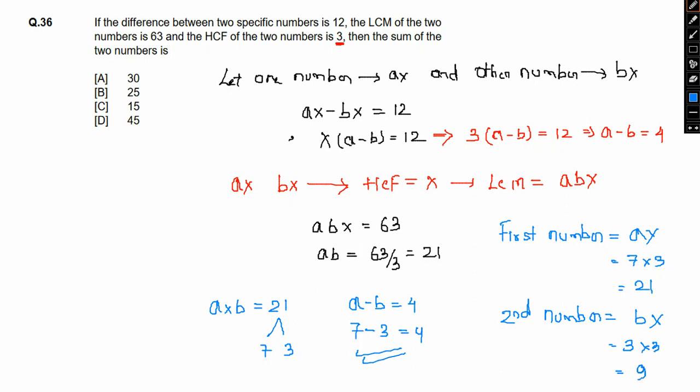So 9 plus 12 is 21, condition satisfied. Therefore the sum would be 9 plus 21 equals 30. Okay, so I hope this question is clear to you.